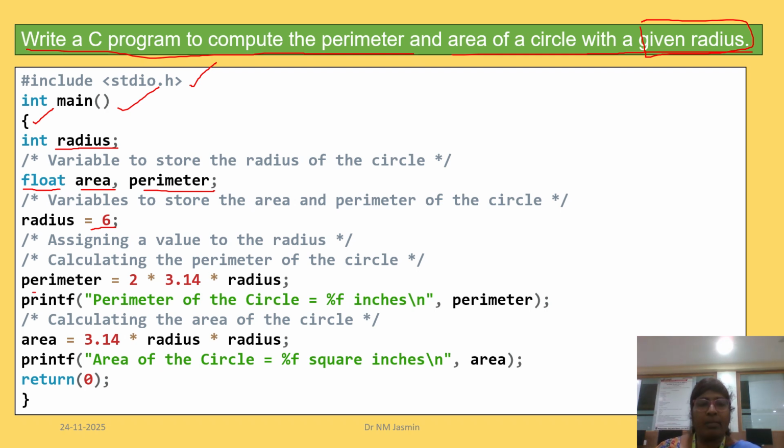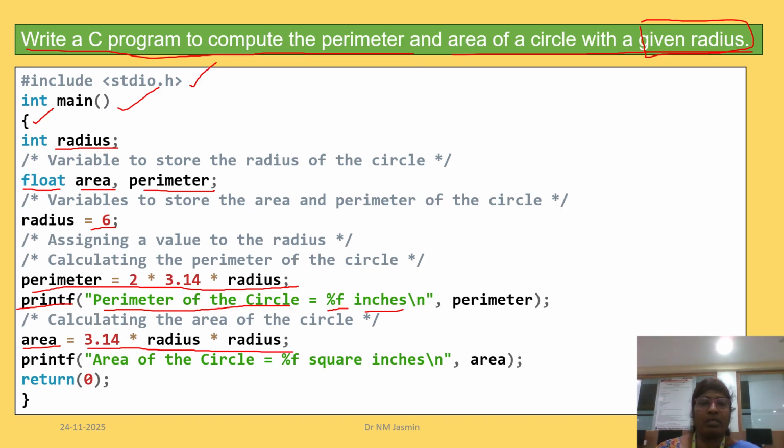Now how to calculate the perimeter? Calculating the perimeter of the circle, this is an expression, and after that you have to print this on the console of the C program, Turbo C. Now go with the perimeter of the circle is equal to, here it is a float, which is in inches. Next, calculating the area, which has this expression.